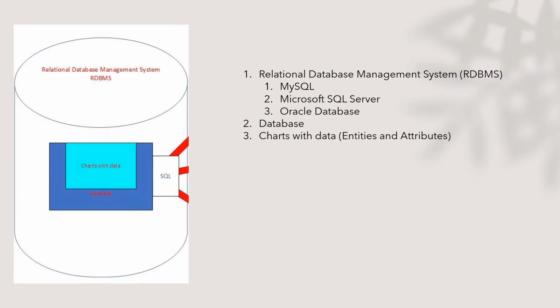I'll have entities, which is what I've written here as charts with data. Now, these charts with data is actually what your database is made up of. So this is where the heart of your database lies. All of these turquoise small boxes, and a database may have hundreds of these or thousands of these.